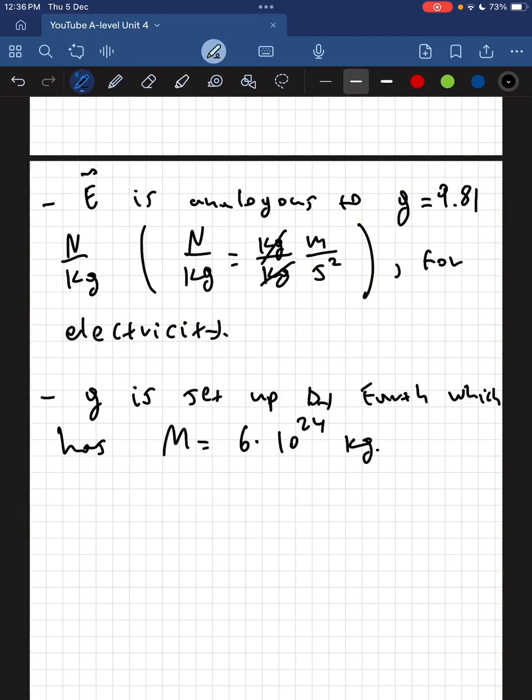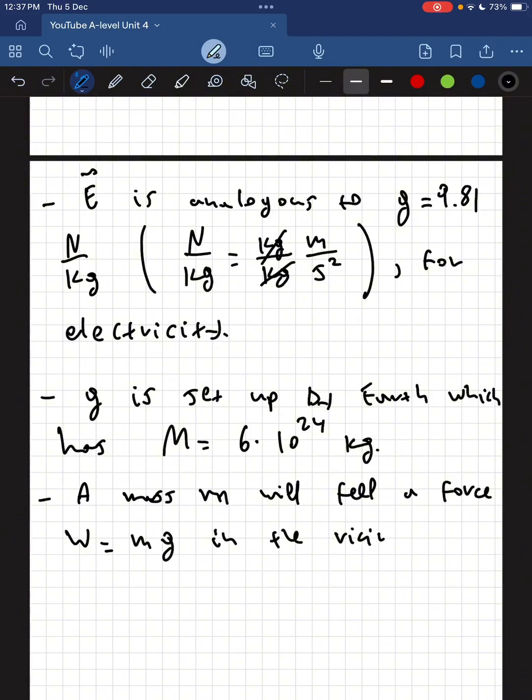So a mass m will feel a force, which is the weight, equal to mass times g in the vicinity of the Earth. That sets up that gravitational field.